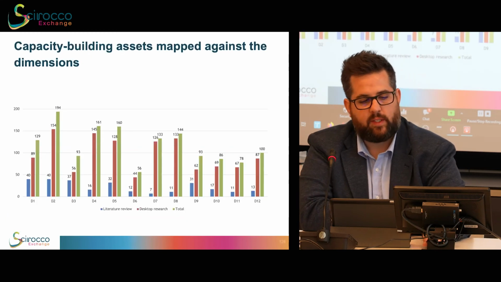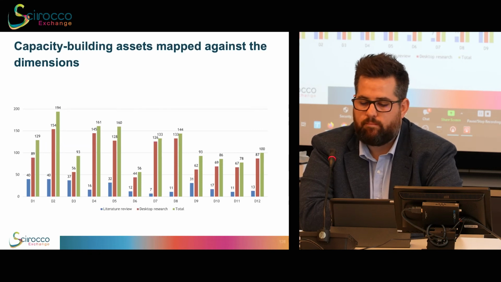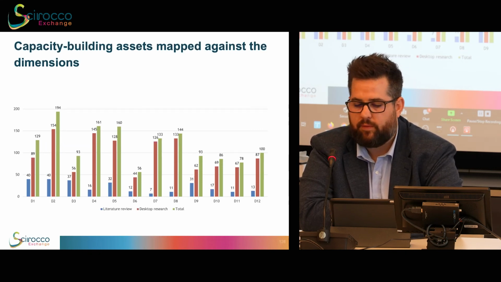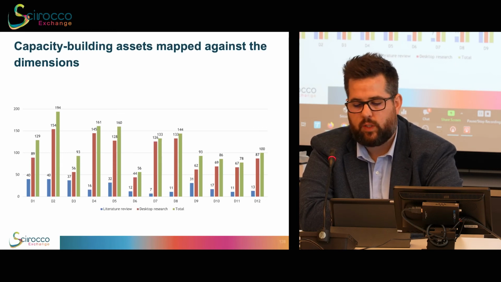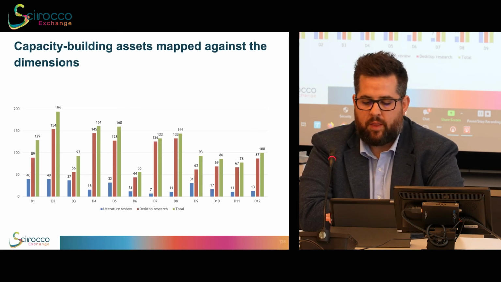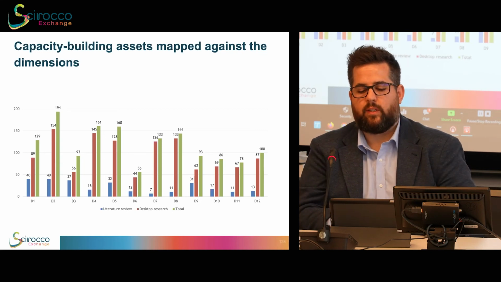And here is the distribution of the total assets among the dimensions. So a total of 654 assets were mapped between 2019 and 2021, 387 in the desktop search and 267 in the literature review.